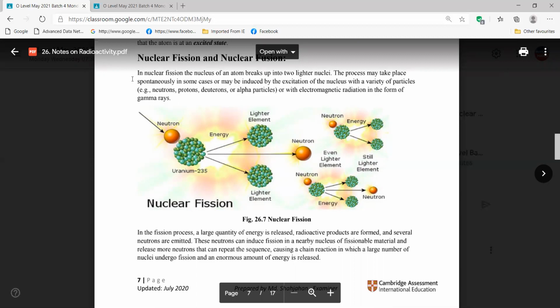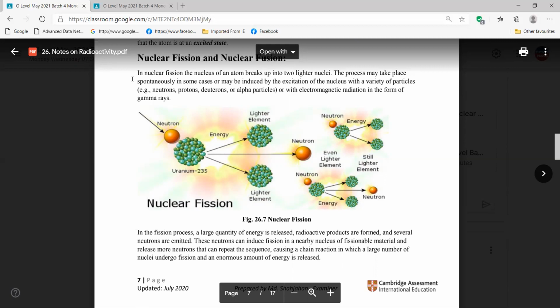The process may take place spontaneously in some cases or may be induced by the excitation of the nucleus with a variety of particles. Example, neutron, proton, deuteron.